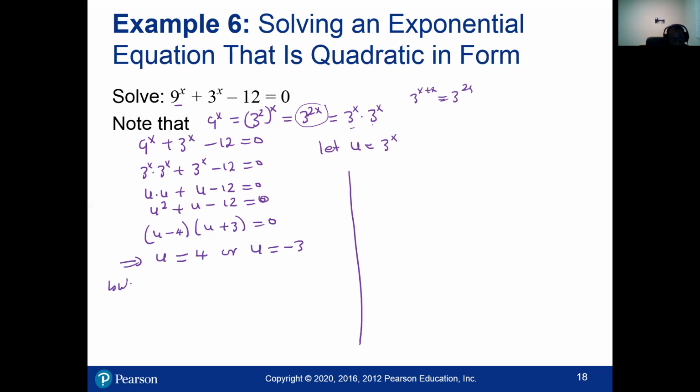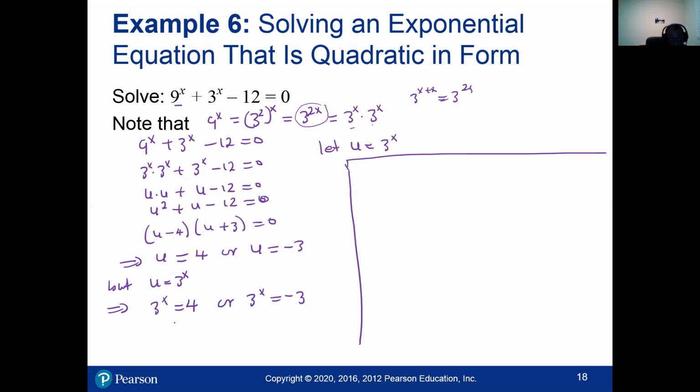But you substitute back, because we know that u is equal to 3 to the x. And therefore this first equation becomes 3 to the x is equal to 4, or 3 to the x is equal to negative 3. Then we solve each of them.